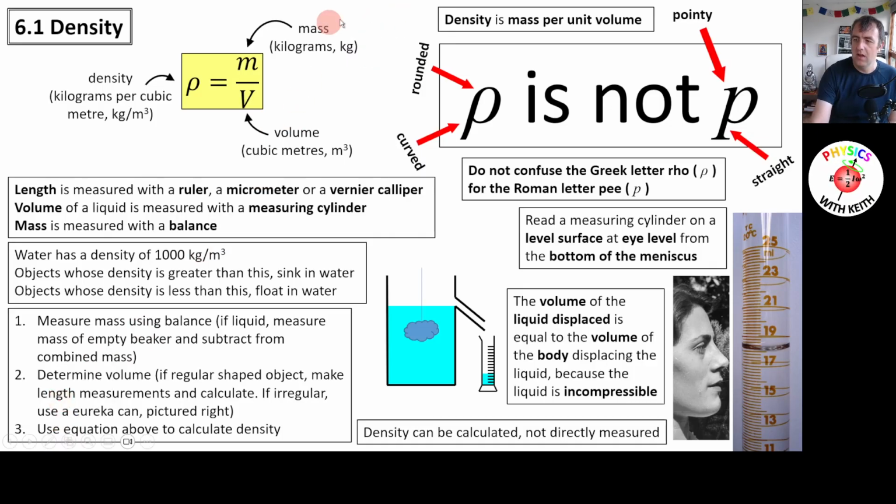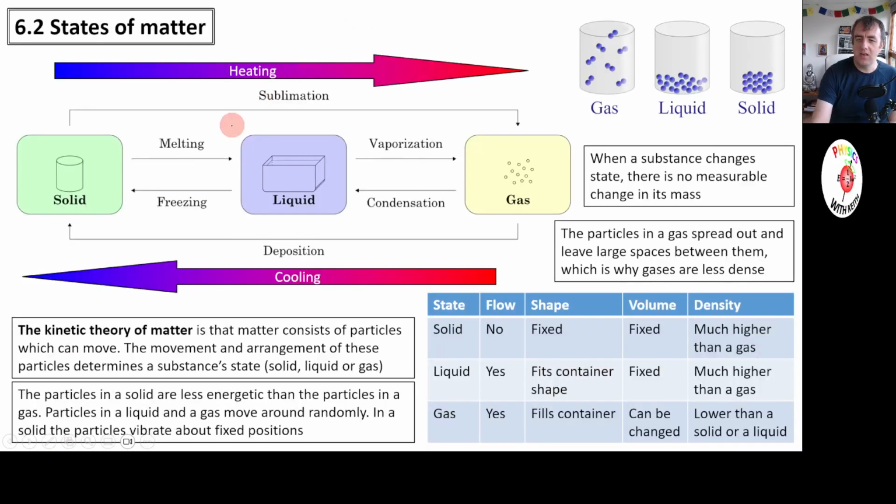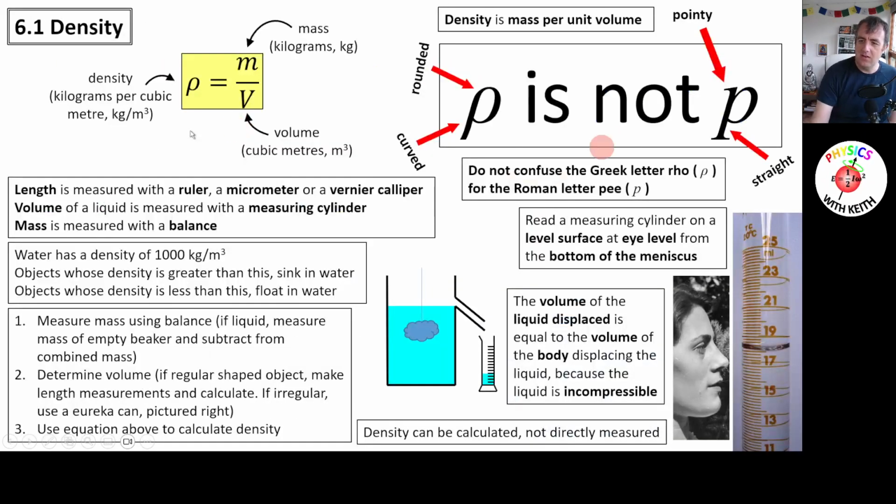We tend to use the MKS rather than the CGS system of units. These are both metric systems of units. CGS stands for centimetres, grams, seconds. MKS stands for metres, kilograms, seconds. There we are, I got it right in the end.